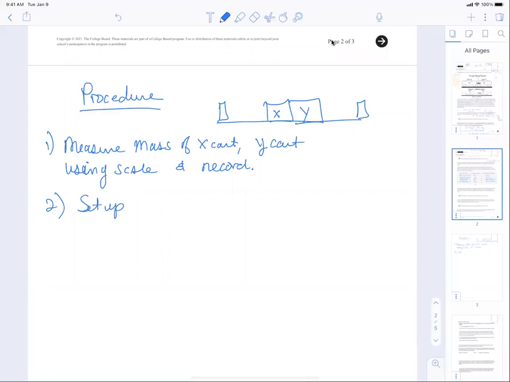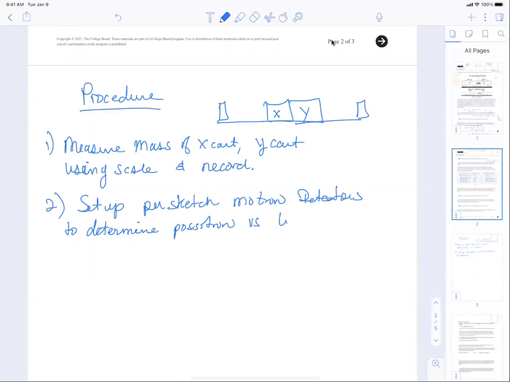Set up per sketch motion detectors to determine position versus time for cart X and cart Y. So if you have your motion detector, this is your detector, and even if you had your kind of symbol, so it's pointing towards X and Y, okay?